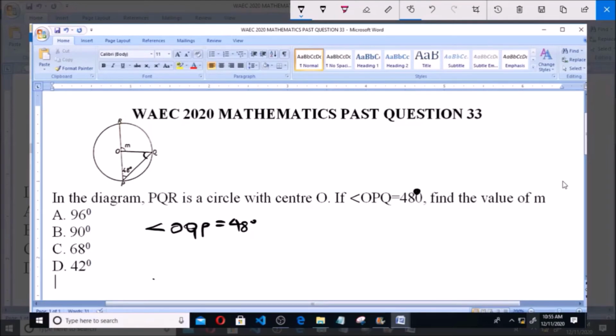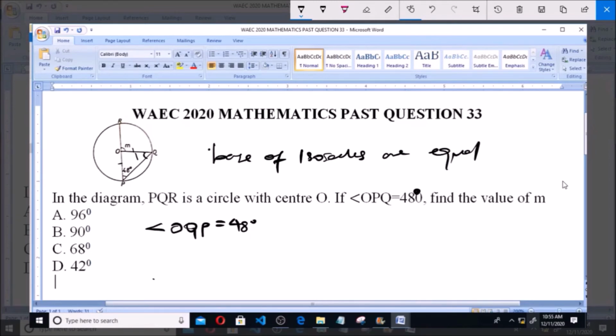Now since these two sides are equal, we can say this is a what? An isosceles triangle. And like we know, base angles of an isosceles triangle are equal, and this angle here with this angle here is equal. So therefore angle OQP is equal to 48 degrees.